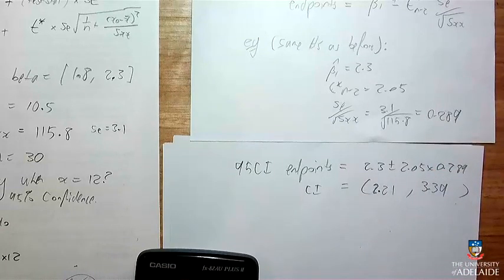So this is saying that when the x changes by 1, the y changes between 2.21 and 3.39 on average.